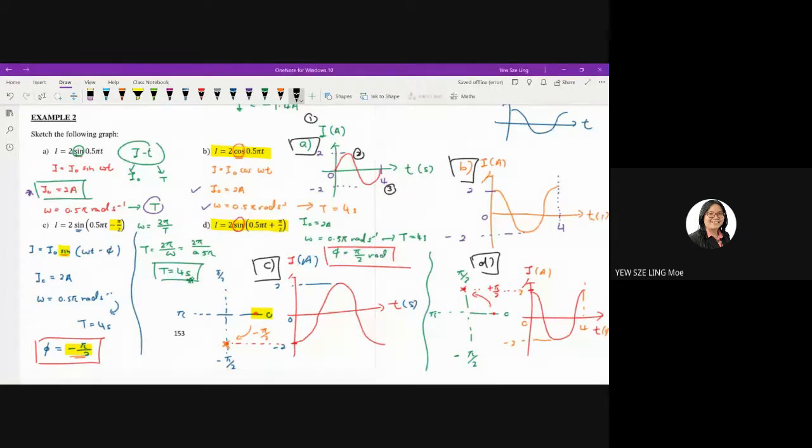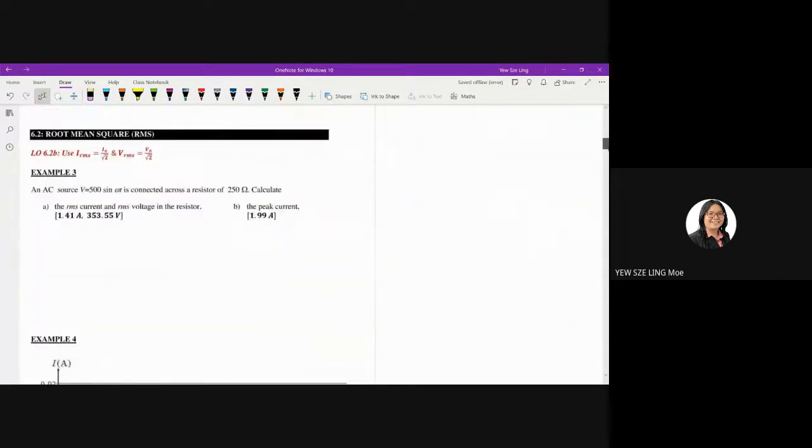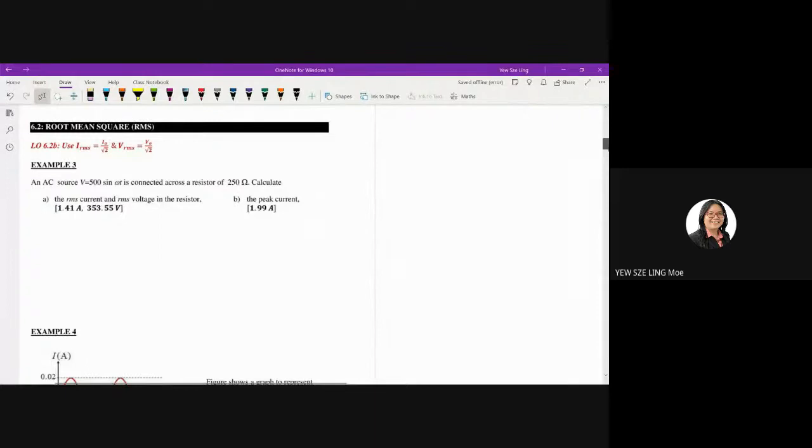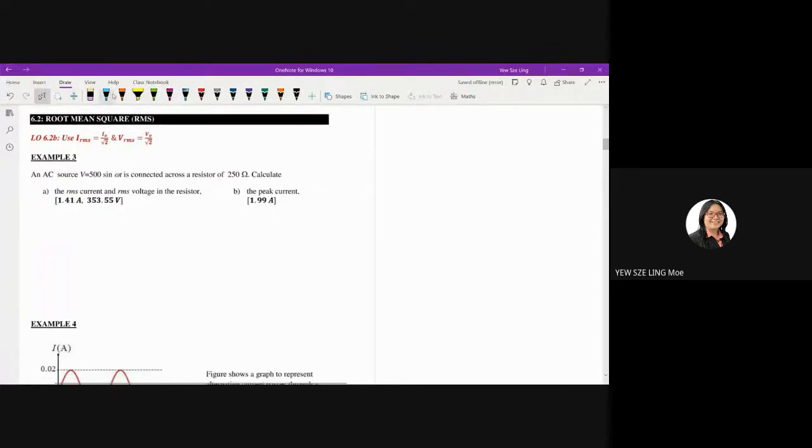All right, so now let us look at example 3. Next subtopic, we have the root mean square value. In this subtopic, what you have to know is just how to apply these two equations. Quite often, questions will give you either the maximum value or the RMS value, and ask you to determine the other one.